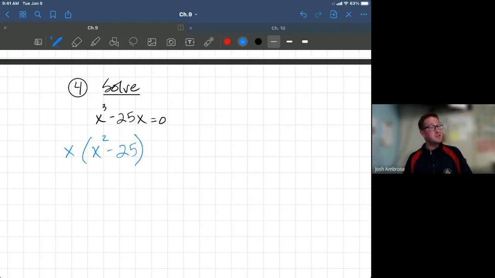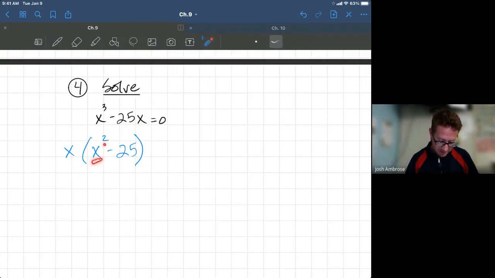Is there anything special about it? Take a look at it. Is there anything you may notice? This is a perfect square binomial. All right, and let's review that. How do I know? Because x squared is a perfect square, 25 is a perfect square, and the final piece for a binomial, it has to have subtraction.